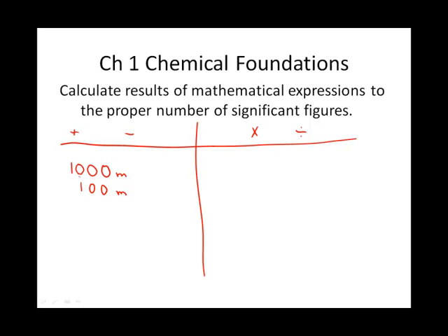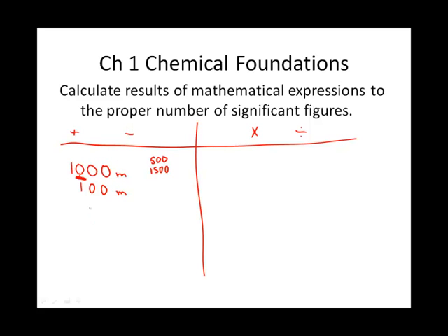Now, the digit that is uncertain in the first measurement is this digit. By that I mean this measurement could be somewhere between 500 and 1,500 meters, because this digit is where we made an estimate.